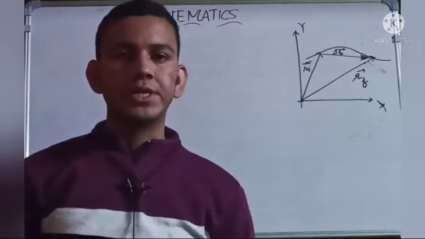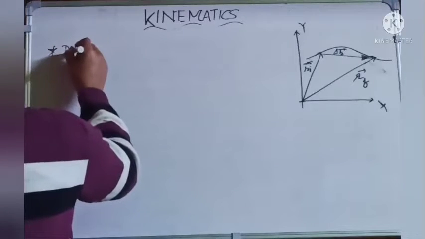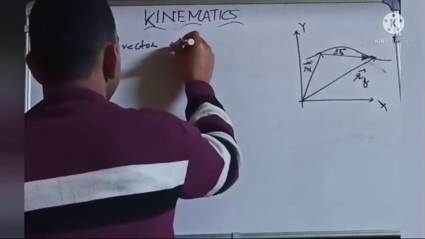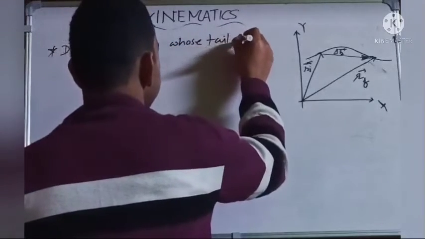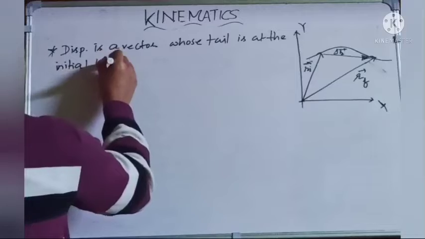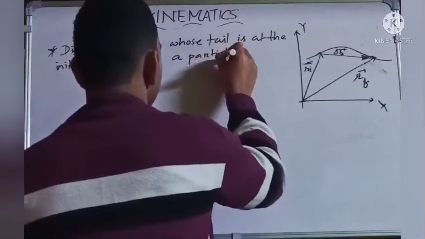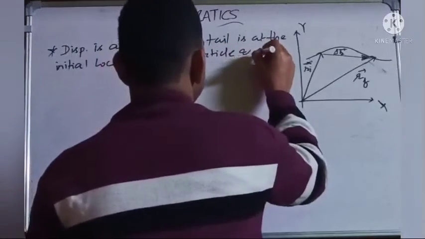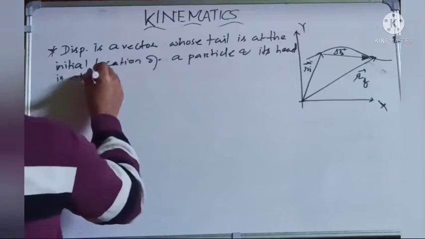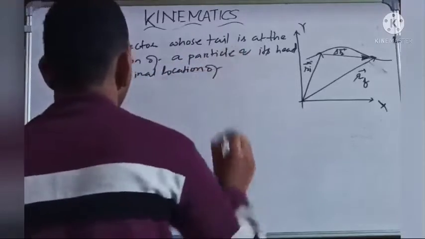Now let's write a few points regarding displacement. The first point we can write is displacement is a vector whose tail is at the initial location of a particle and its head is at the final location of the particle.